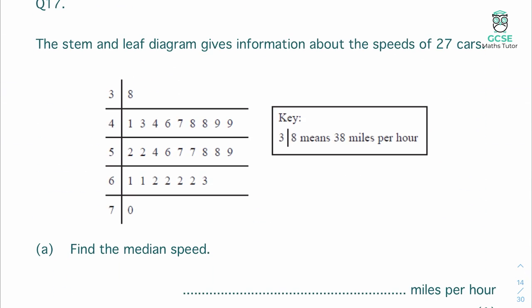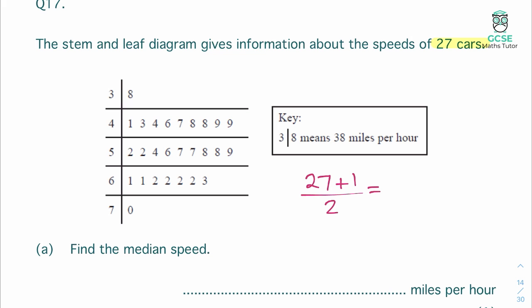So for this stem and leaf diagram here, it says find the median speed. Now it tells us it's 27 cars, so that's quite nice because we can cross off from either end, or we could do things like adding 1, dividing it by 2 to find a median in a statistical way. So you can either cross off 1, 2, 3, 4, 5 from each side and keep doing that little process, or instead of drawing all over it, you can actually find the middle by adding 1 to 27, so 27 plus 1, and then divide that by 2.